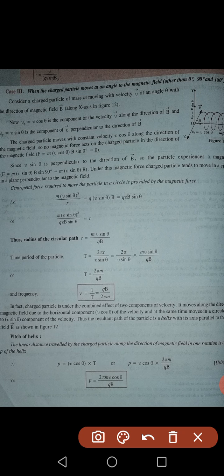Some formulas will be almost the same as in the previous case. In the previous case we started with mv square by r, the centripetal force, equal to qvB, the magnetic force. Here, velocity will be replaced by v sin theta, because only for v sin theta is the object undergoing circular motion; the rest remains the same.